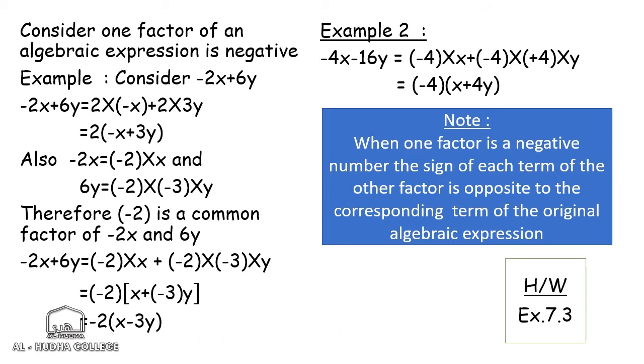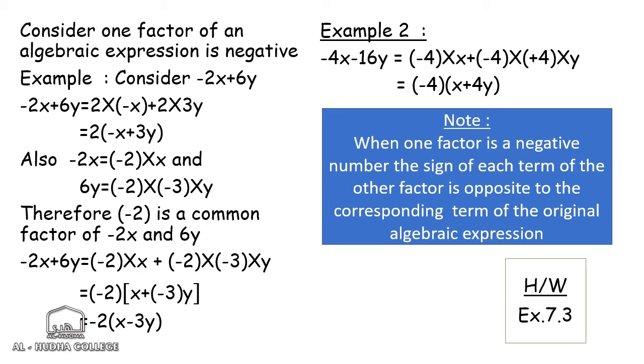Now if you look at this, the first term has minus 4 and the second term also has minus 4. Therefore take minus 4 as one factor. The balance is x in the first term and plus 4y in the second.